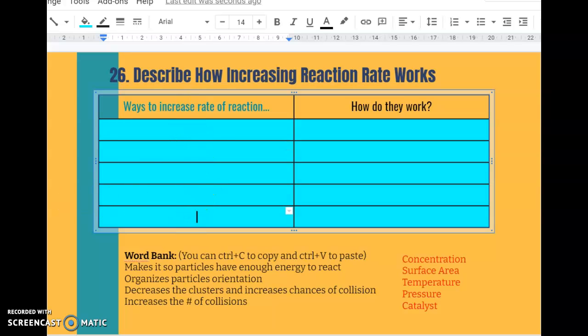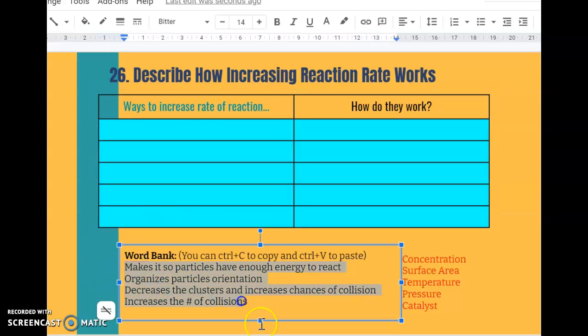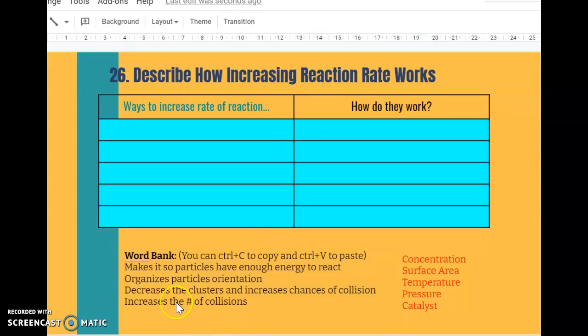These are your 5 that you also had on slide 17. Then you have to match, what do those 5 do? Do they increase number of collisions? Do they decrease? Do they organize the particles in the direction they go? Do they make it so they have enough energy? What do these different factors do here?